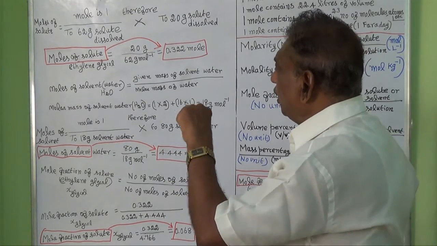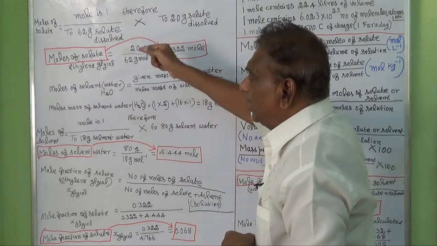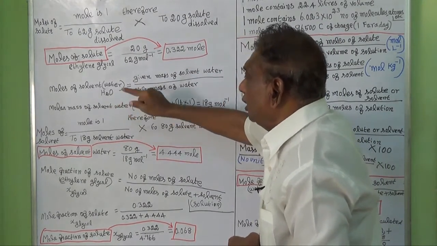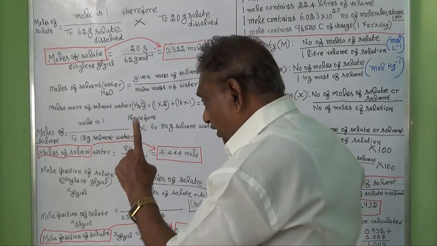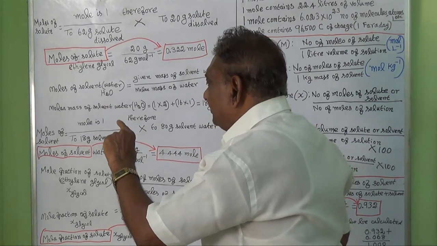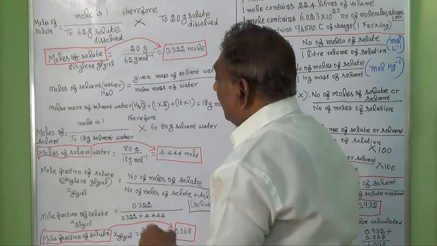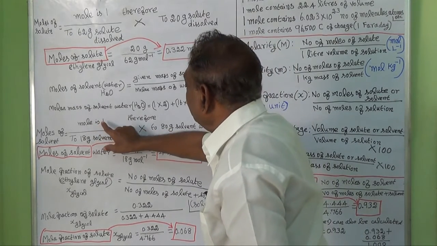After finding the molar mass of the solvent water, we are going to find the moles of the solvent. If 18 gram of solvent, that is water, would have been dissolved, the number of mole will be 1.